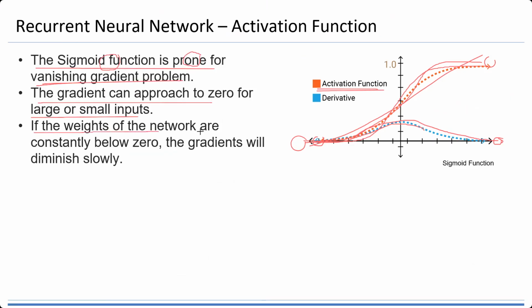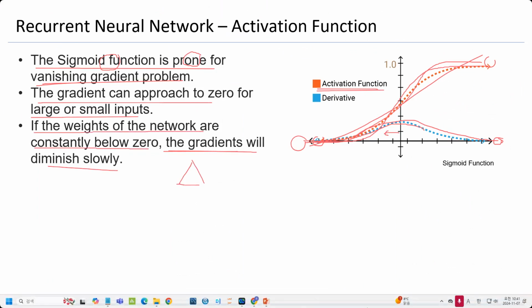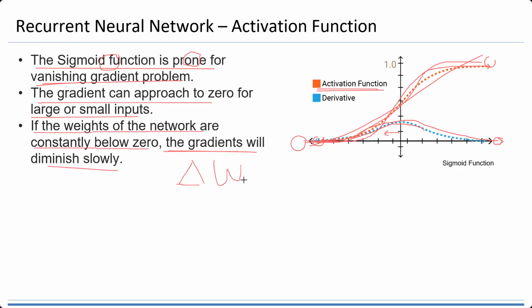If the weights of the network are constantly below 0, then the gradient will diminish slowly. So if it is below 0, or it is minus, then the gradients will diminish slowly. The gradient, as I mentioned to you, is the change between, for example, the weight between step 2 and step 1.